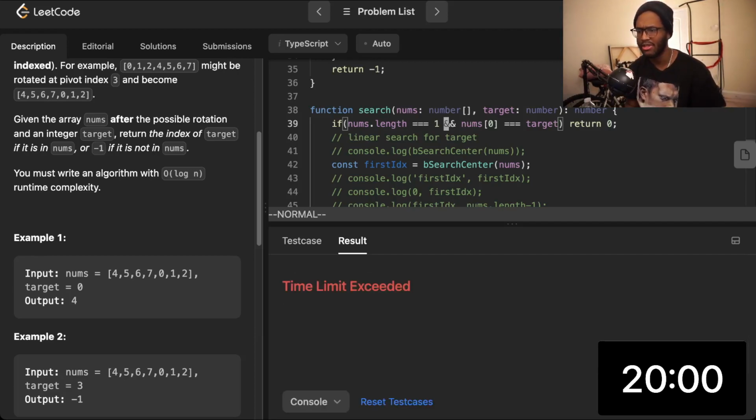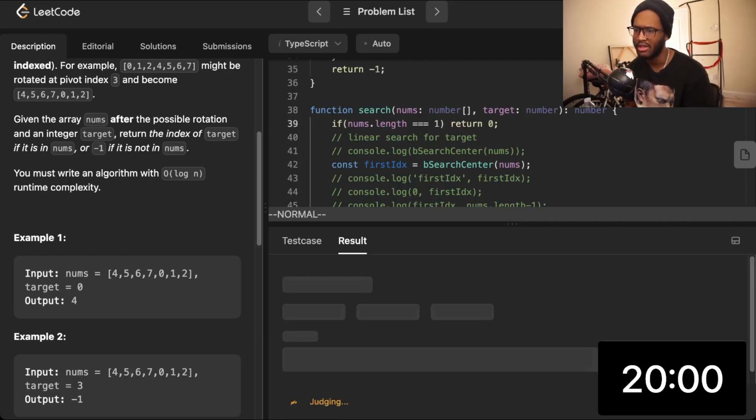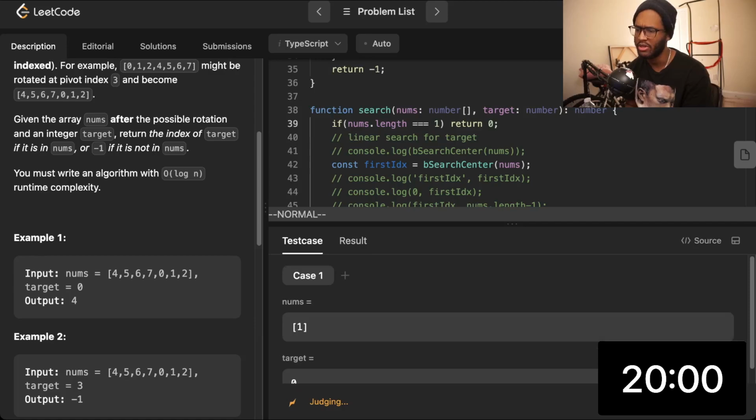How is this time limit exceeded? This makes no sense. If nums.length equals 1, we return immediately.